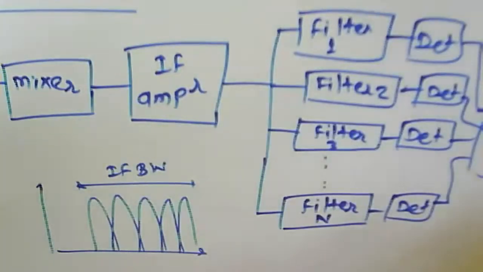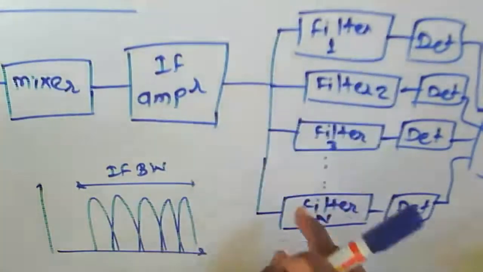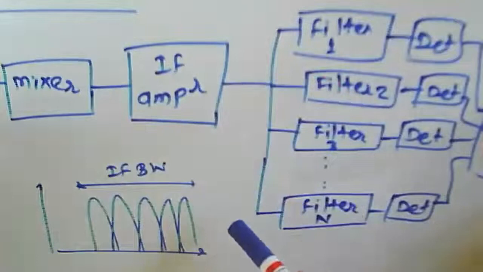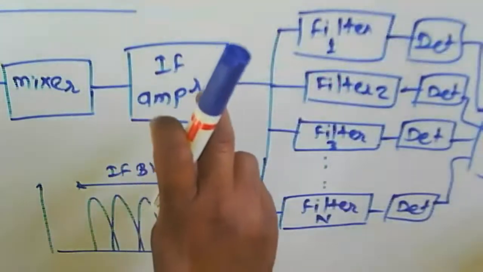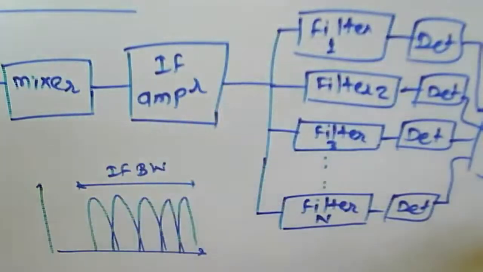Now this will work in a wide band, because each filter has some band of operation. But if you consider the whole filter bank in total, it will accept a wide band energy signal.